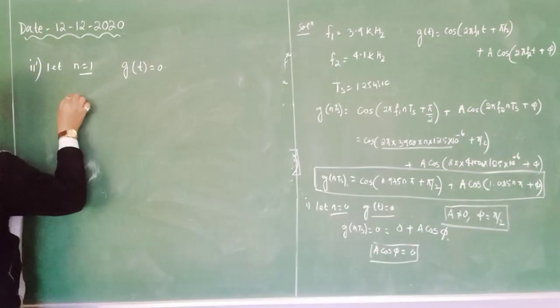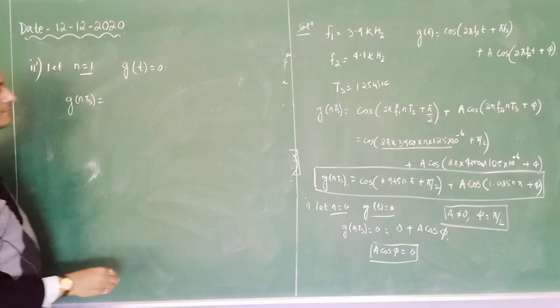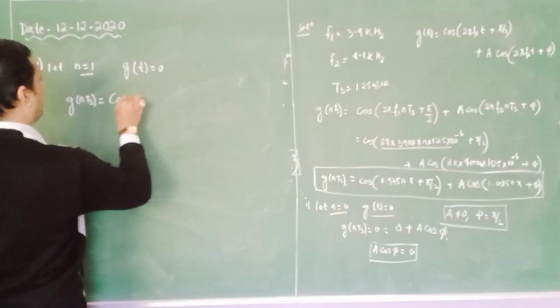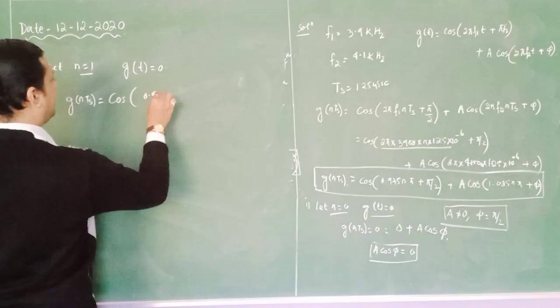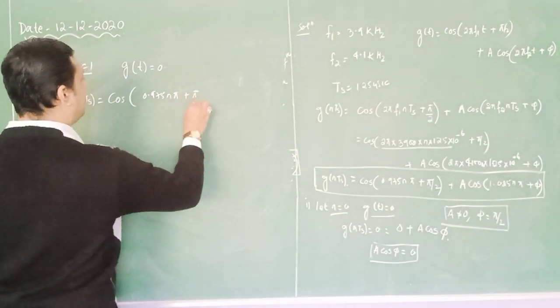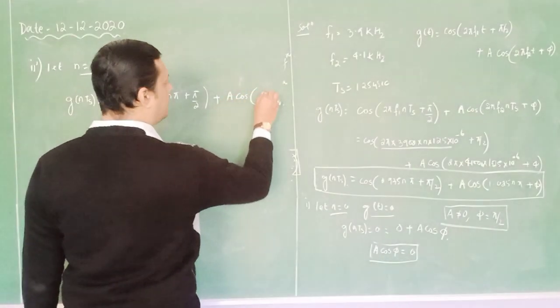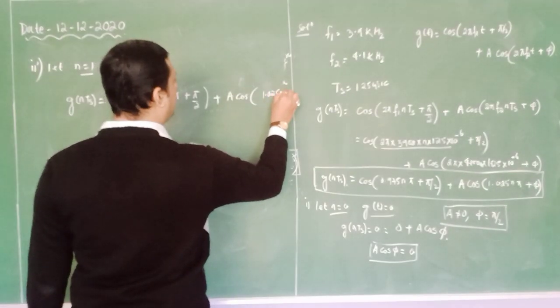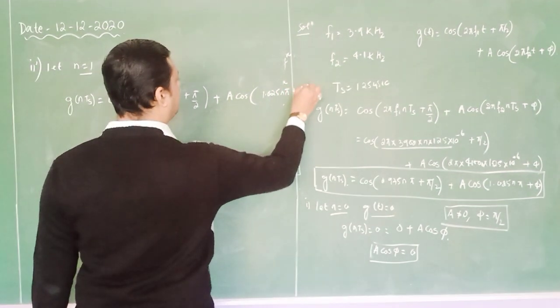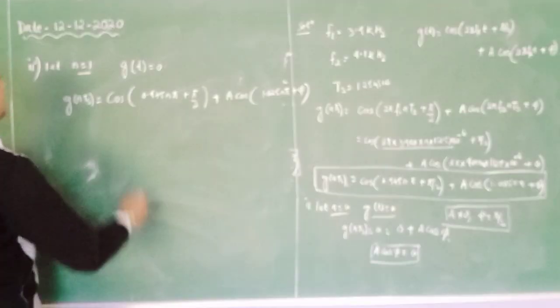So what I will write? G of nts, I will write cos of 0.975 n pi plus pi by 2 plus A cos 1.025 n pi plus 5. Like this, the same equation I am writing, only need to substitute the value.